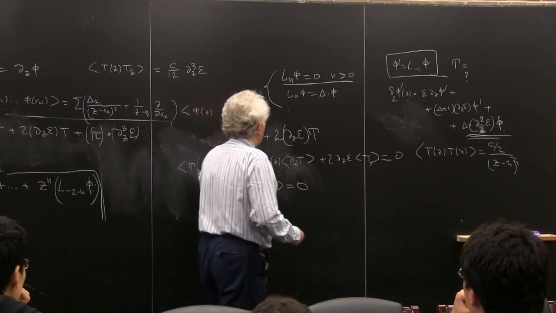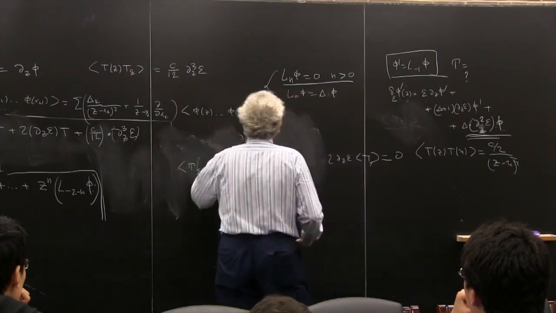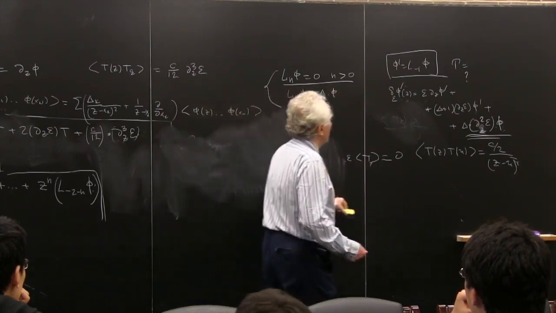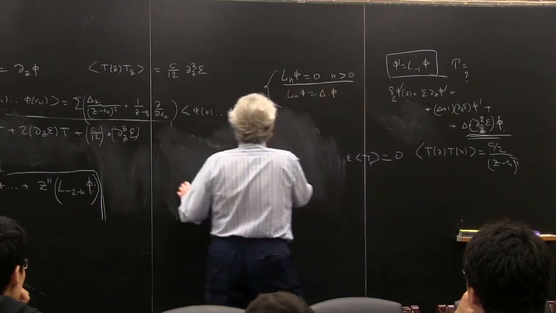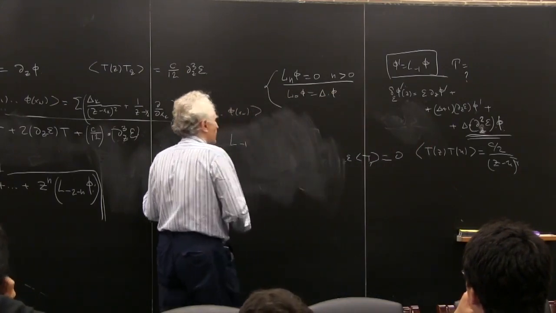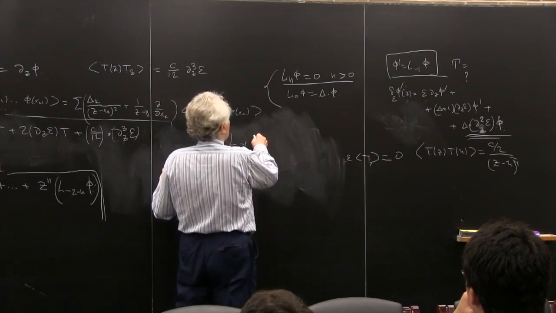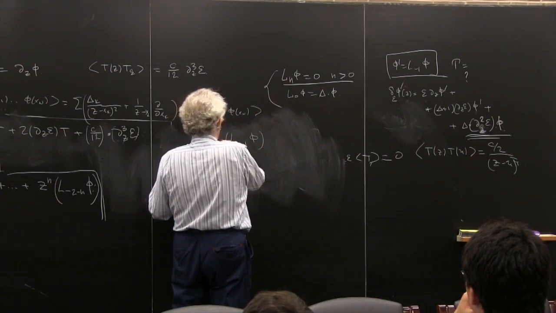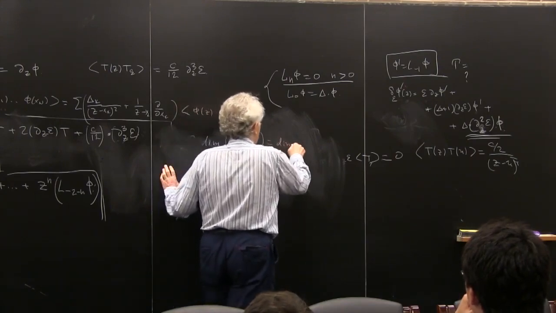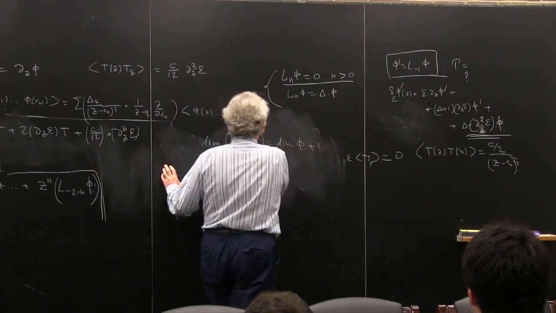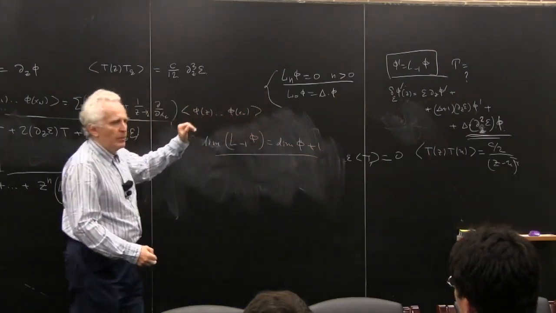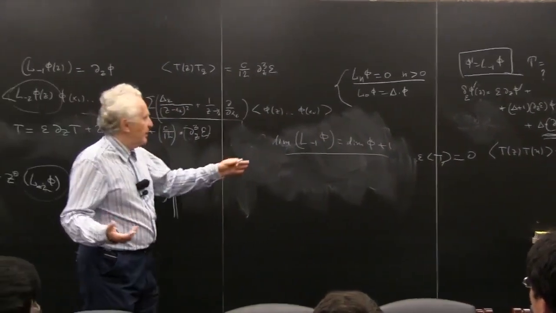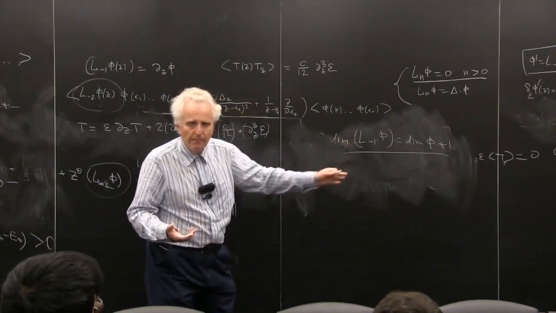Okay, I think I can erase this. You see, L minus 1 is a raising operator, so its dimension is the dimension of phi plus 1. It increases the dimension by 1, which is a trivial statement because it's just a derivative of phi.